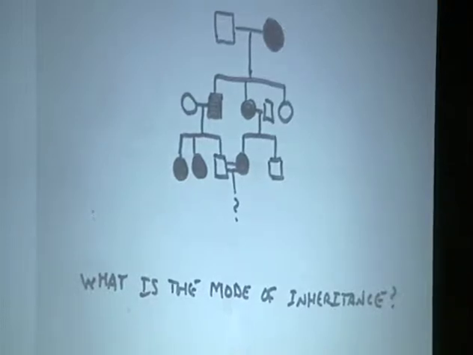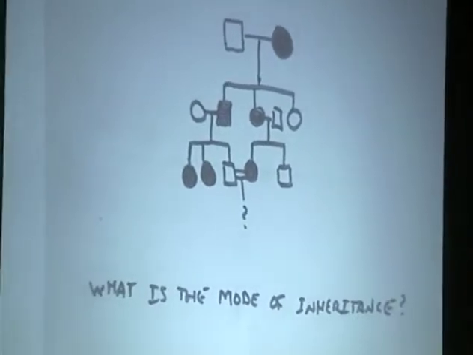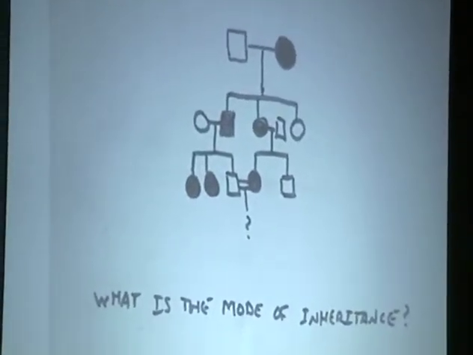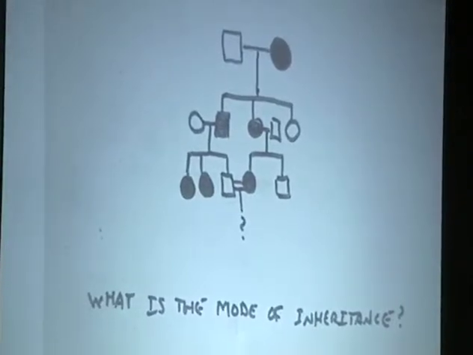Then the next question to answer is whether it's X-linked or autosomal. To answer that question, you're better off looking at the progeny of affected males if you have any. You can't tell X-linked versus autosomal dominant if you look at affected female offspring because they look like the same thing.